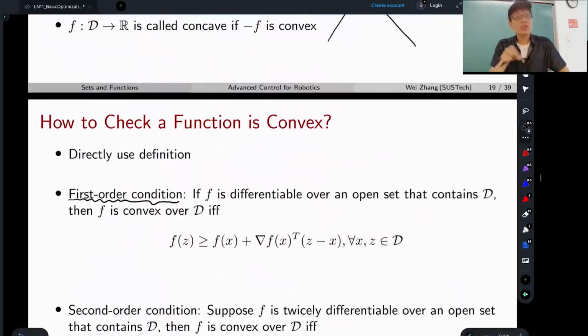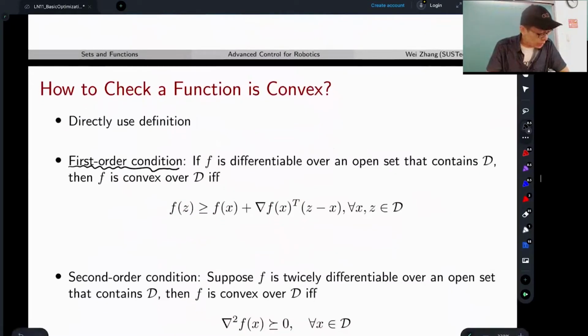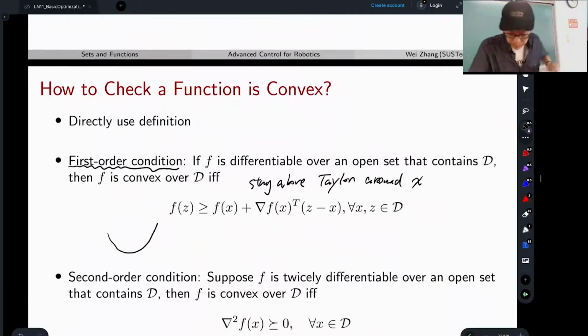But in case the function is differentiable, I can state the result as a first order condition: if it is convex, then the function value stays above the Taylor expansion around x. What does this mean? If you have a function like this, you can locally approximate it by a linear function like a Taylor expansion. So this will be the linearization around, let's say, this x.